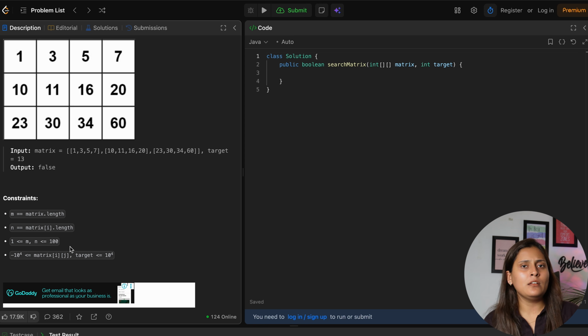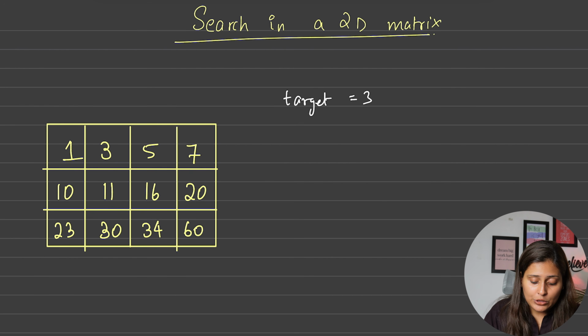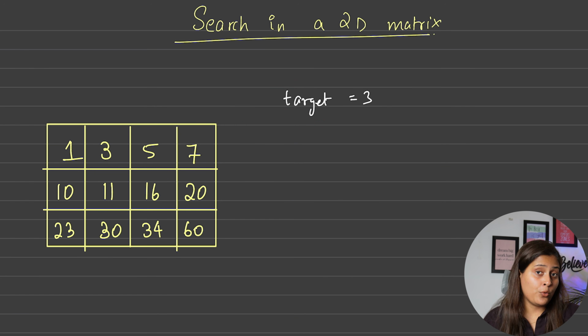Anyhow, m cross n will become 10 power 2 into 10 power 2, which is 10 power 4. Obviously it will pass. But the question itself mentions that you have to submit the logarithmic solution, so you have to apply the binary logic. So suppose you have to find the target 3 in this matrix, and you're not allowed to do the linear search. How would you like to search?